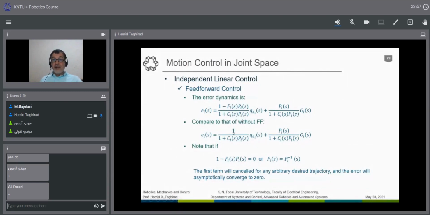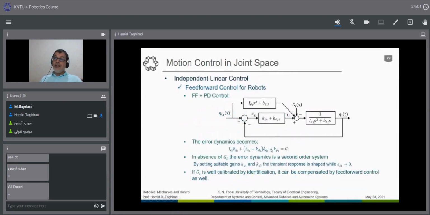This is the main advantage of using feed-forward. But usually the main part, the cornerstone, is still the PD controller, the main controller in the feedback. And usually the speed, the transient, the overshoot, everything can be set up by these two gains as we had before. But it is now much easier to set up these gains.